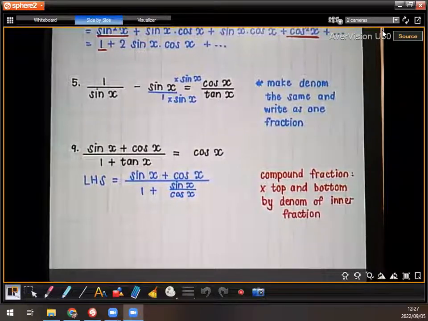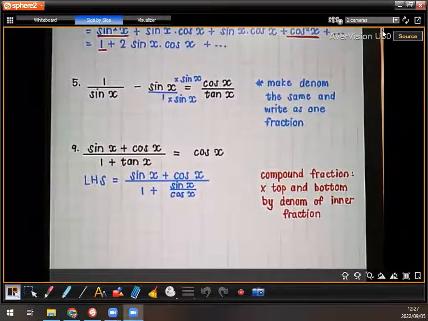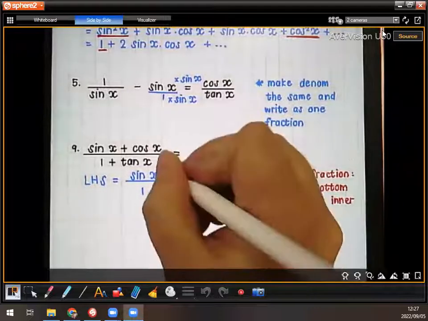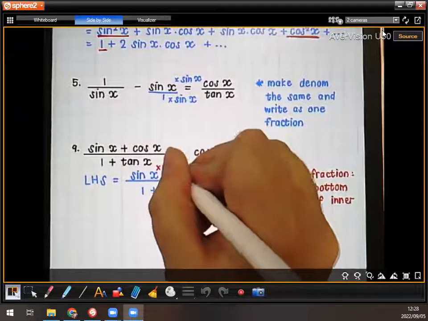Everything at the top and everything at the bottom by that denominator. What is the denominator of the inner fraction? Cos x.